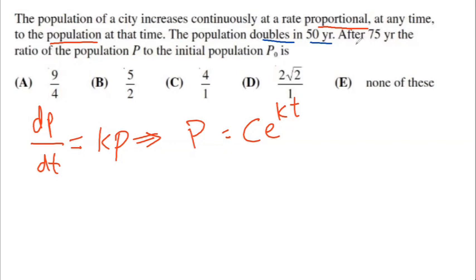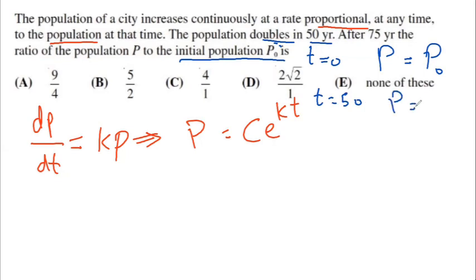And then the question is, after 75 years, what is the ratio between the population and the initial population P naught? So the initial population is P naught, which means that at t equals 0, the population equals P naught. This is actually an initial condition. And then we have another initial condition, that at t equals 50 years, the population is double the initial, 2 P naught.